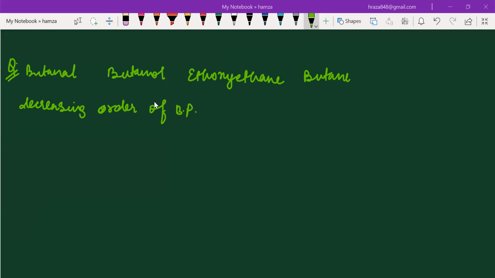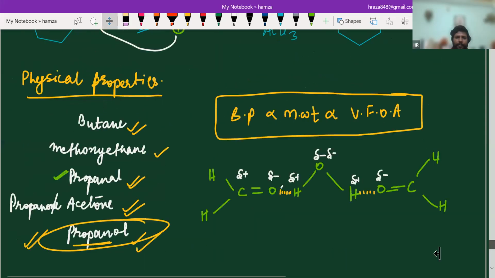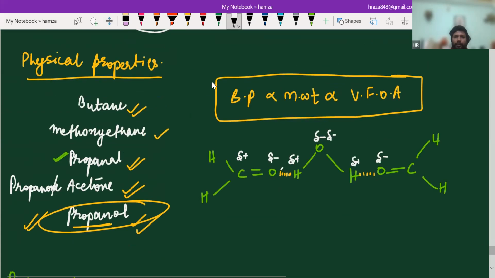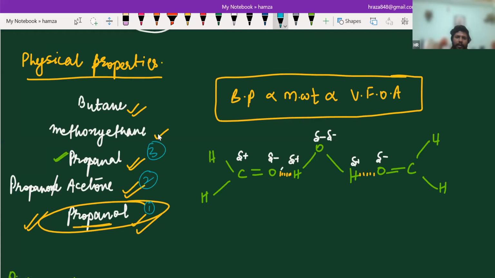So it would be butane and ethane and then butanol. Which one will have the highest? As I told you, the highest boiling point will be of this, then this, and then this.